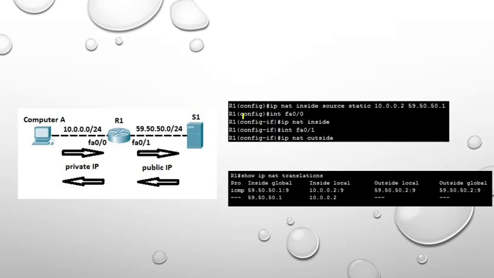The router, which is R1, is configured to its network address translation. Okay, so the source IP NAT inside source static, okay, with the given IP address sa loob, that's 10.0.0.0/24, and its equivalent outside interface.